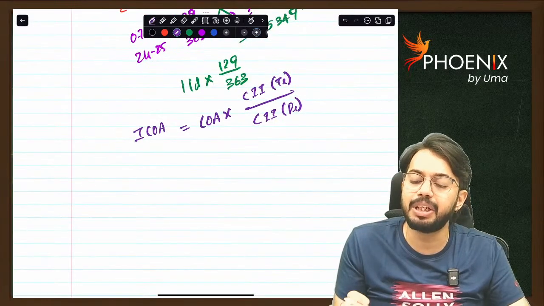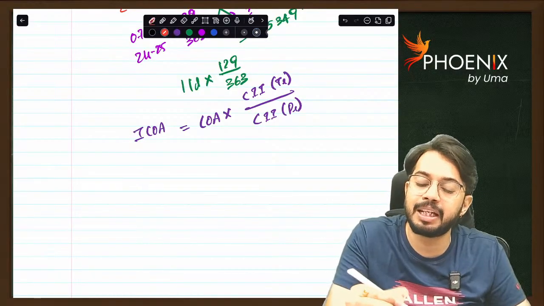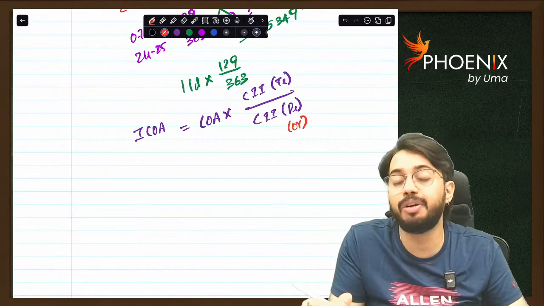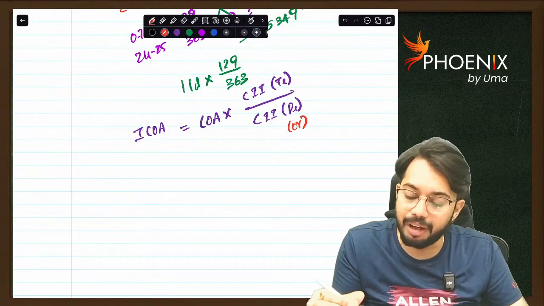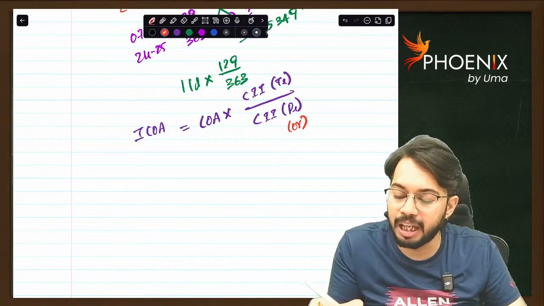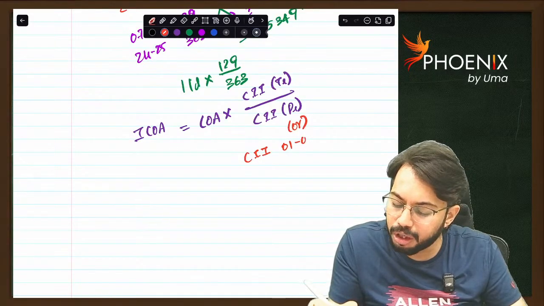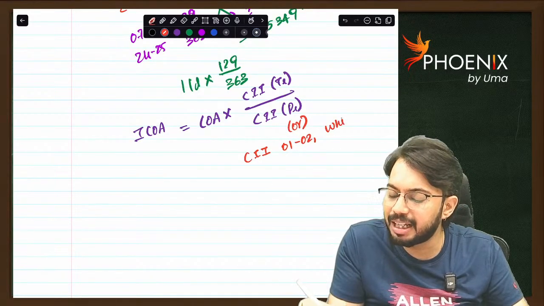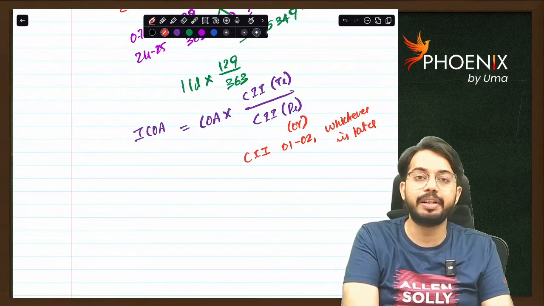See, sometimes you can purchase an asset before 1st April 2001. If you purchase the asset before 1st April 2001, then you will consider the index number of 2001. So cost inflation index in the year of purchase or cost inflation index of 2001, whichever is later. Able to understand? Is it clear?